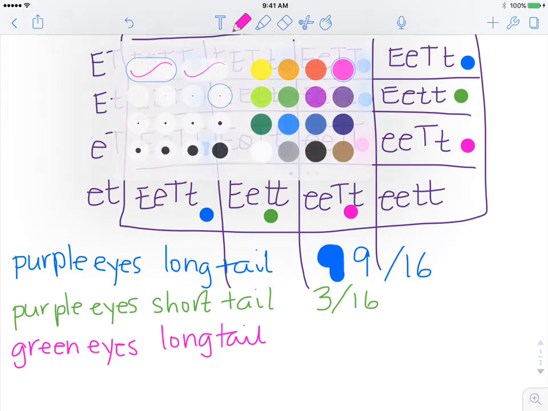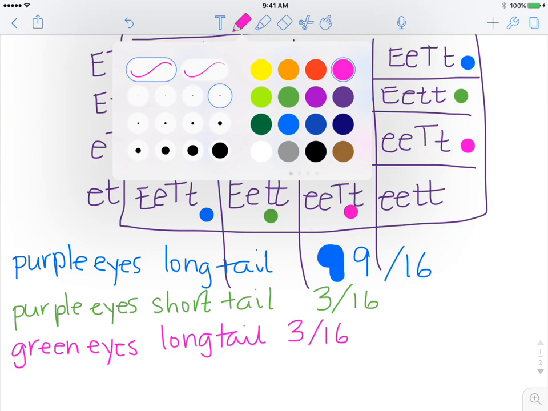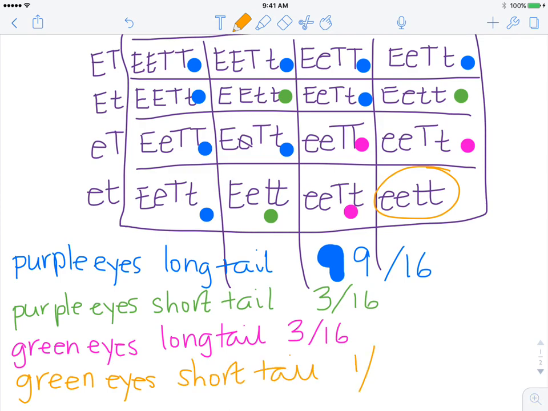So again, this is 3 out of 16. And then finally, you have 1 square left. Our 1 square left right here is green eyes and a short tail. You have 1 out of 16 that will possibly have green eyes and a short tail.